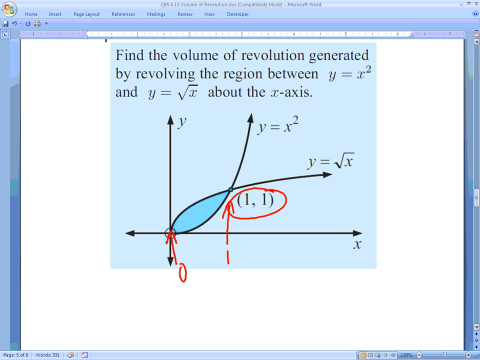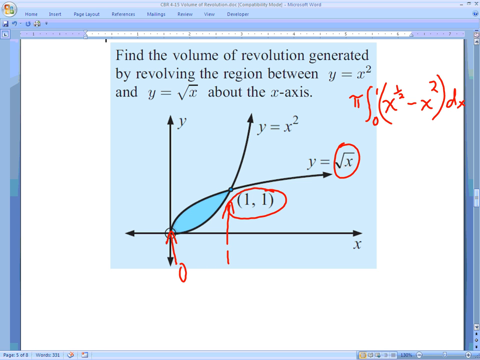To set this up, we are going to do pi times the integral from 0 to 1 of our two functions. The one that's on top is the square root of x, or x to the 1/2 power, minus x squared, and that's all going to be dx here.